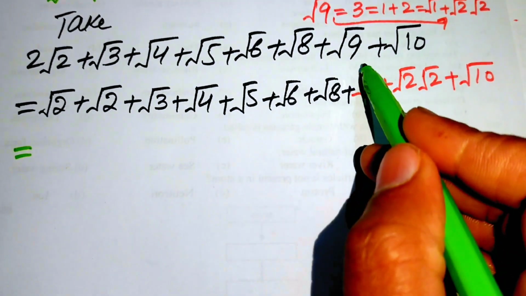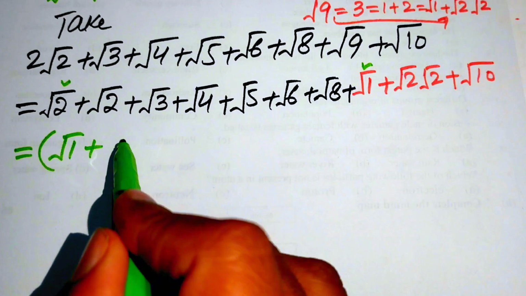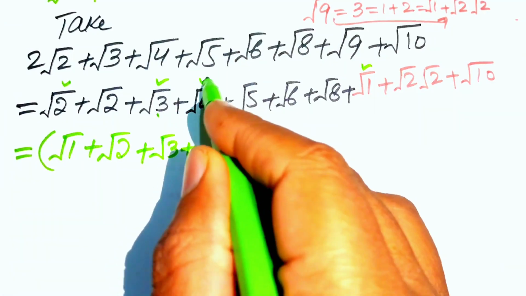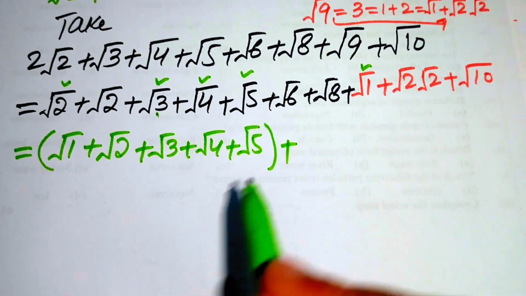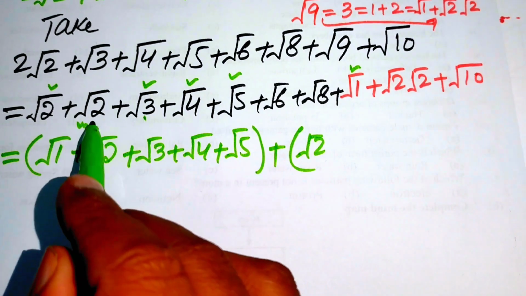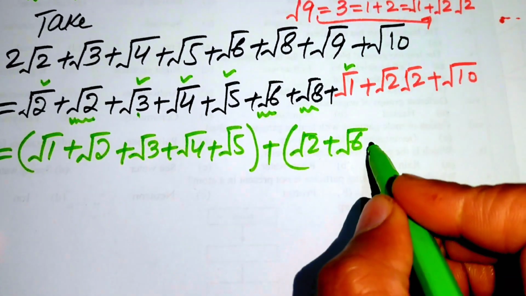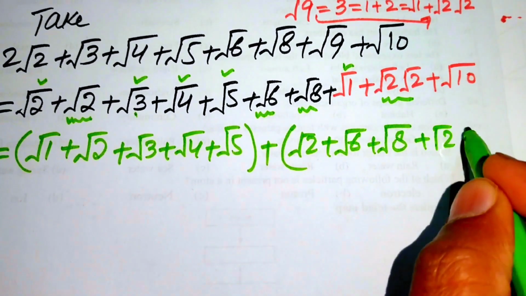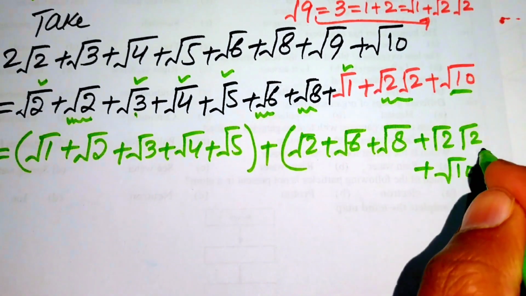First we write this square root of 1, and after that this square root of 2, and after that we have this square root of 3 plus this square root of 4 plus this square root of 5, and the other remaining terms are square root of 2, plus square root of 6, plus square root of 8, and this is square root of 2 into square root of 2, plus, and finally we have square root of 10.